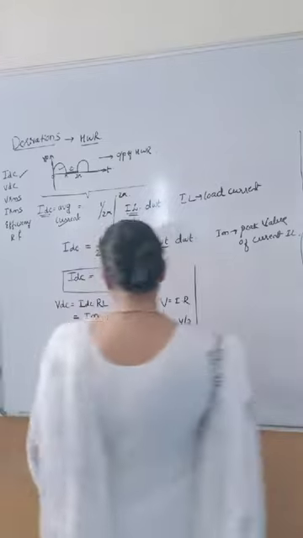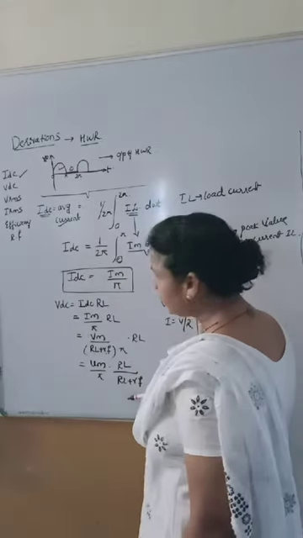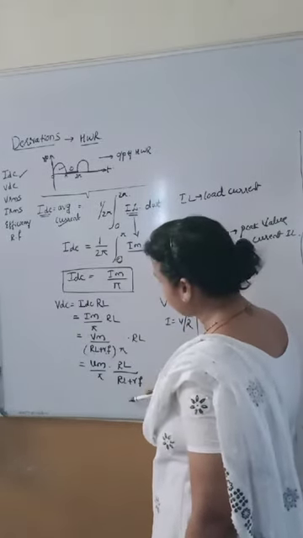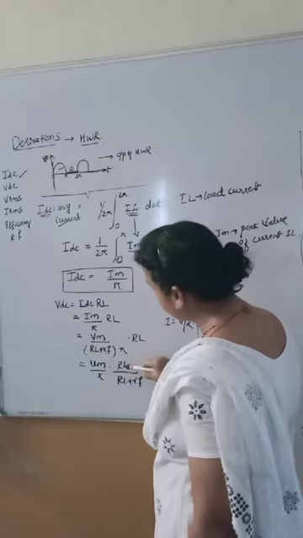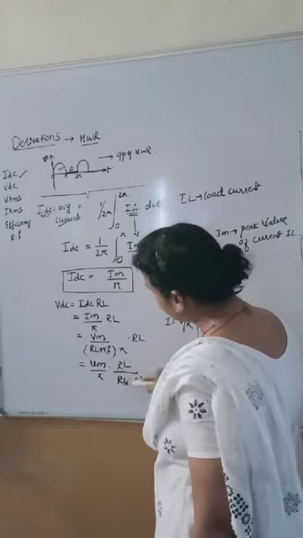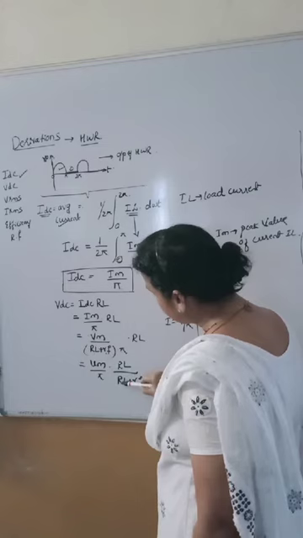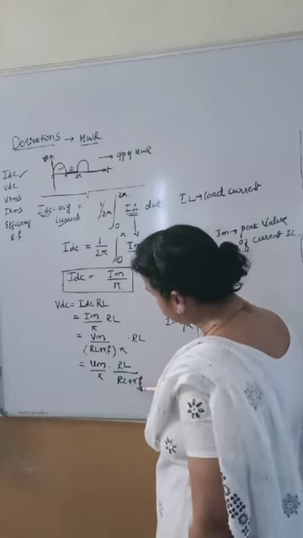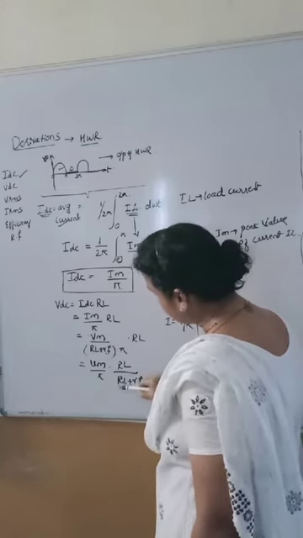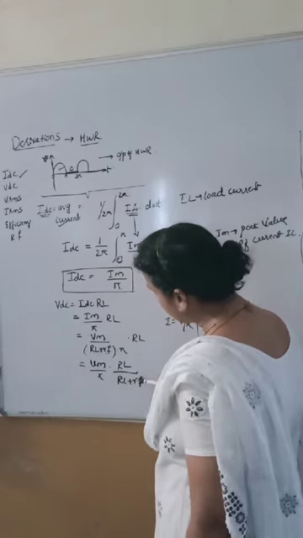Now if I take this RL to the denominator, what happens here? Vm by pi into RL, if I take it down, it becomes 1 divided by RL plus RF divided by RL. So RL by RL will be 1, plus RF by RL.